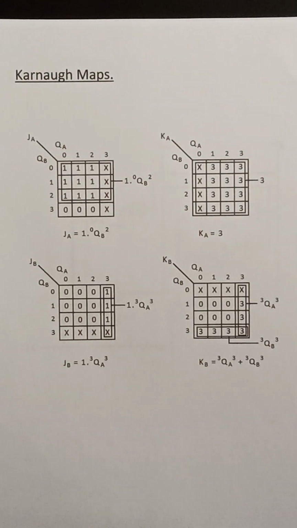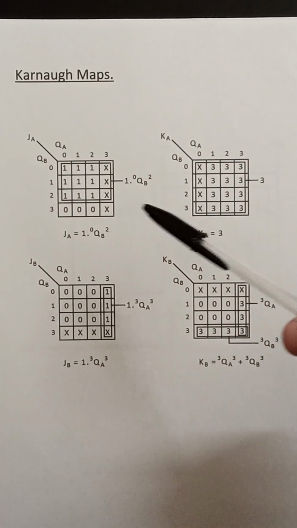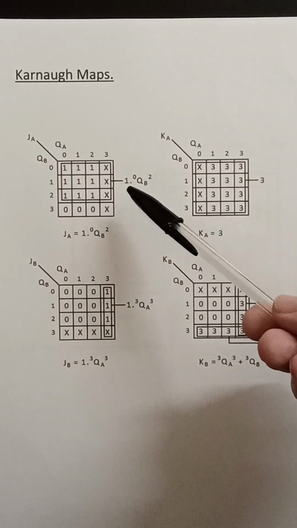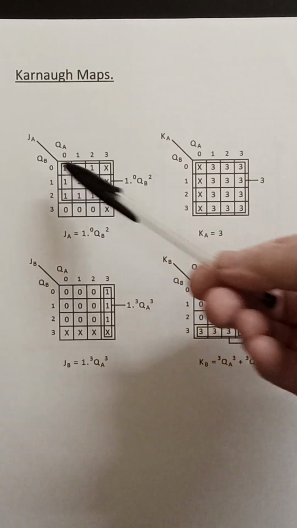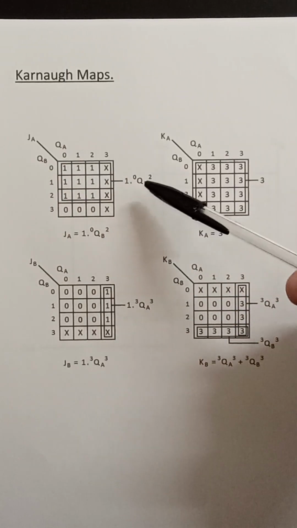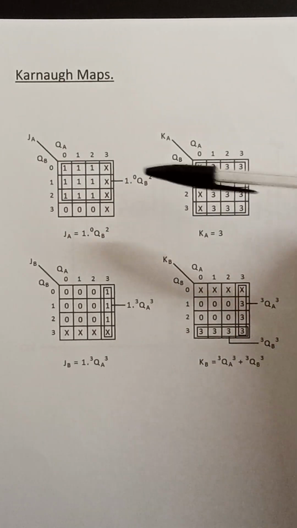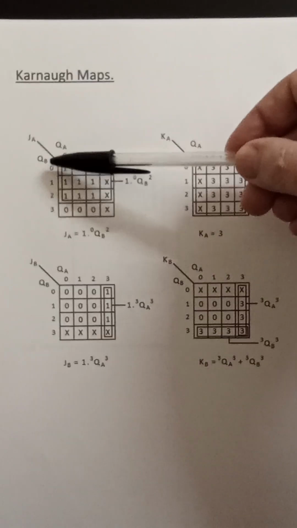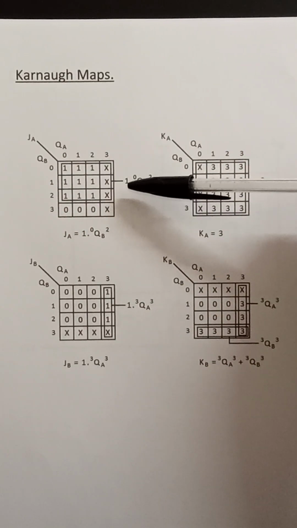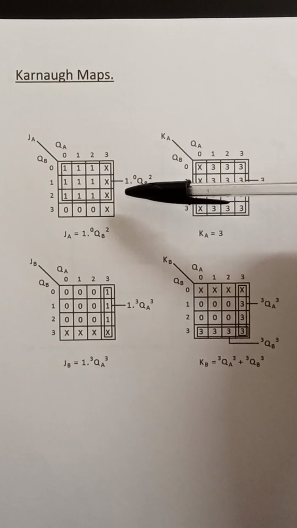Here are the counter maps. This is JA and KA. QB here, I've chosen QB 0, 2, which would normally give a 3 for QB equals 0, 1, 2 and 3, but I've minimized it.